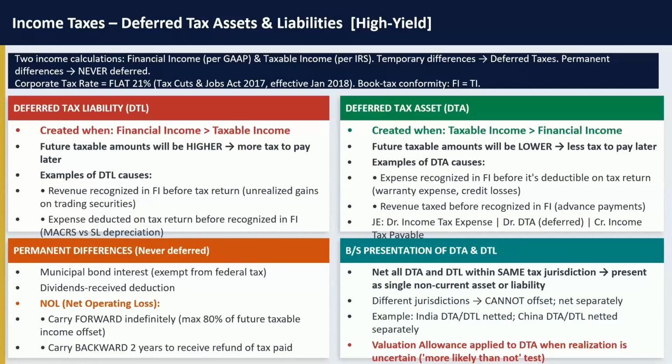Okay. Now I will tell you a transaction. You should tell me whether that results in deferred tax liability or deferred tax asset. The transaction is that you are paying your insurance premium for 1 year in advance.